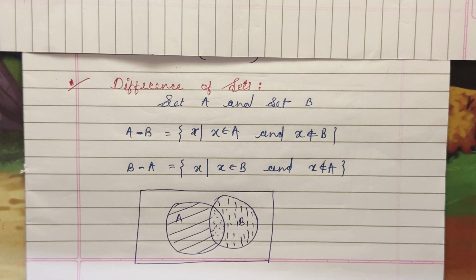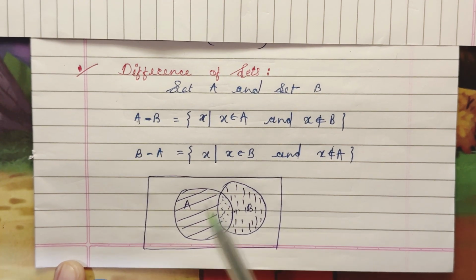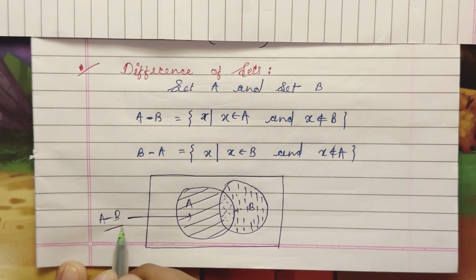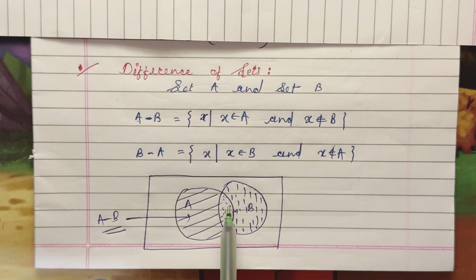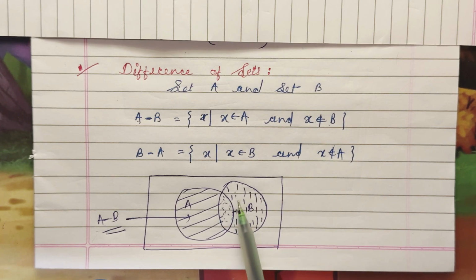Now you can see the middle part is the intersection. The difference A minus B is set A, but the intersection part is not there. The part coming from B is not part of A minus B, since X shouldn't be part of B. The elements from B we have to delete.